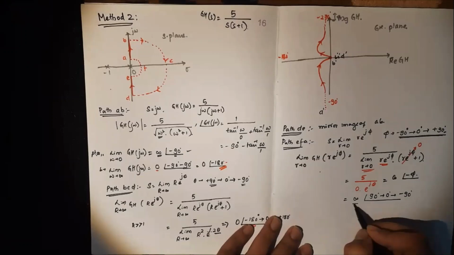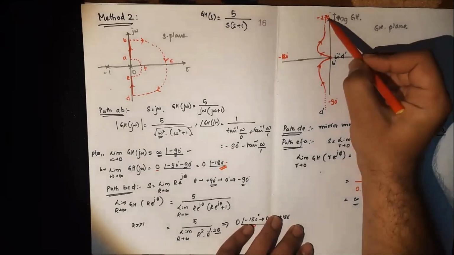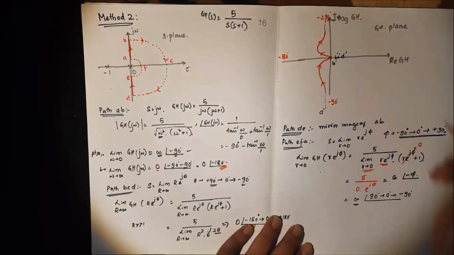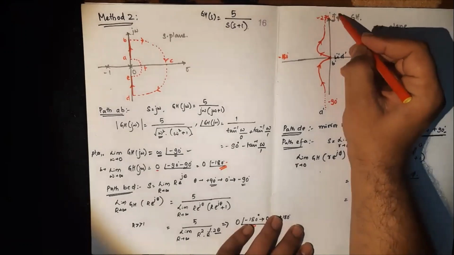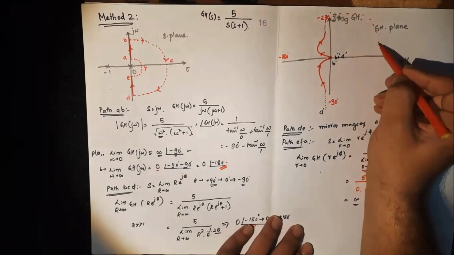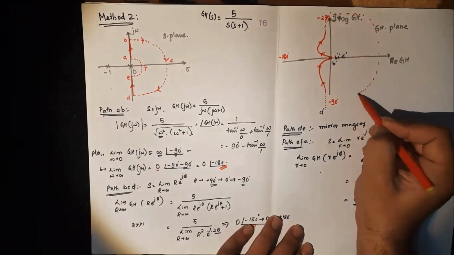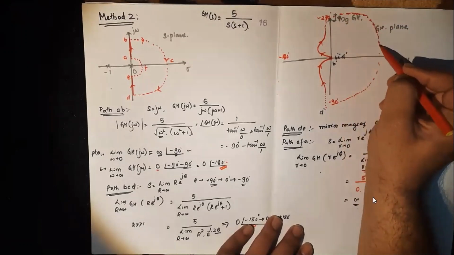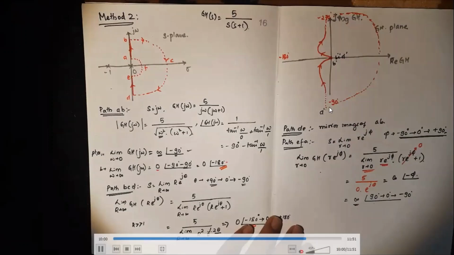So how does it look on the GH plane? It gets mapped something like this, an infinity curve which is changing its angle from plus 90 to 0 to minus 90.